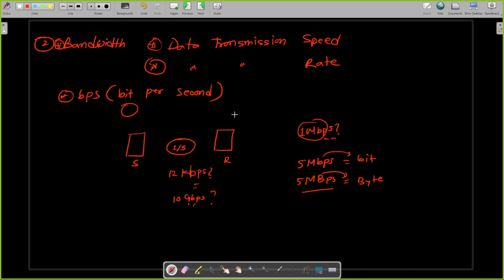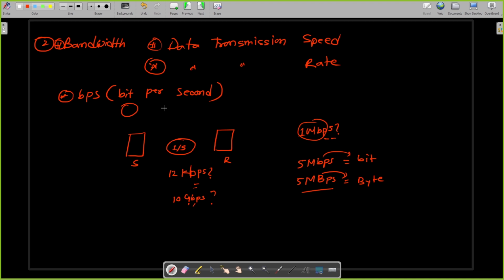So for the unit bps, you have to call only the bit. Instead of how much data, you have to say how many bits we can send from one device to another device. That is called bps or bits per second. Okay, do you understand these topics?